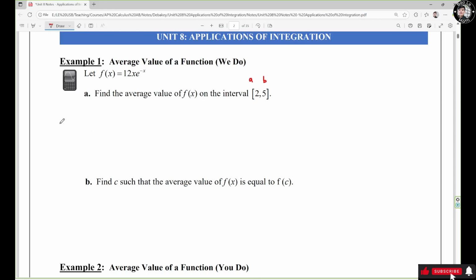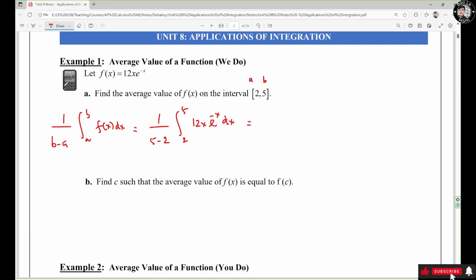You have the formula 1 over b minus a, the integral from a to b of f(s) ds. So it would be 1 over 5 minus 2, integral from 2 to 5 of 12s times e raised to the negative s ds.